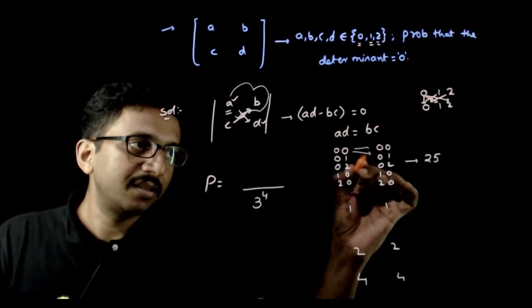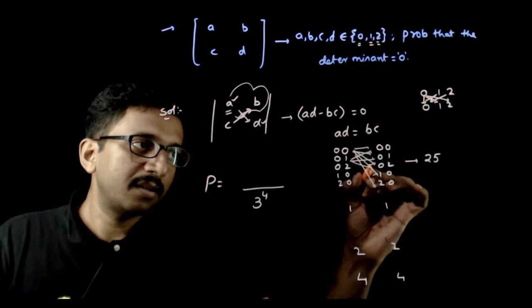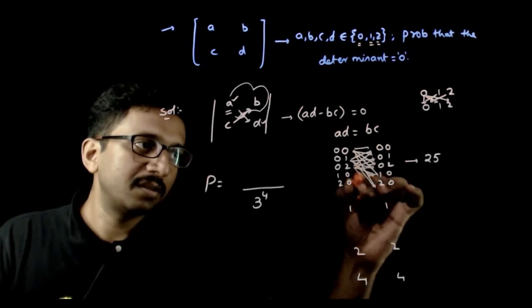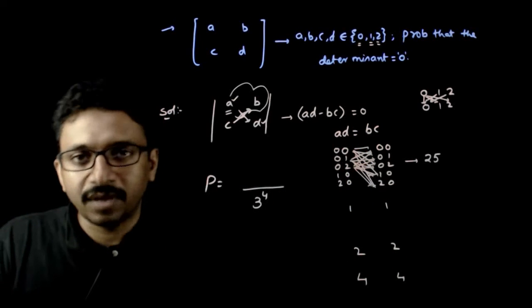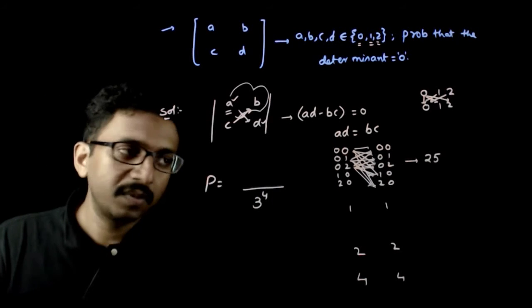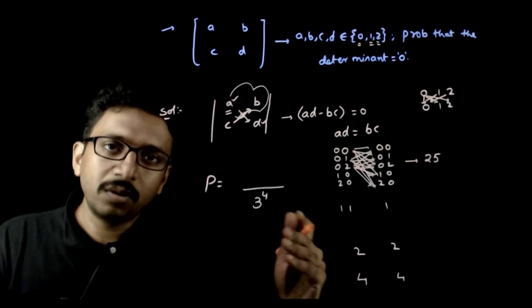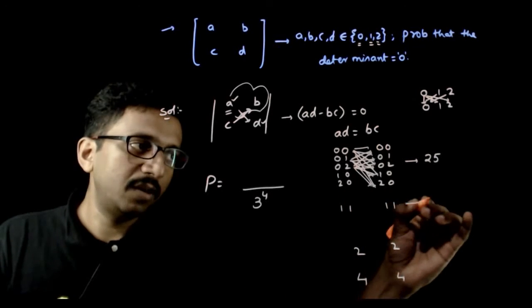You can choose 5 options for one pair and 5 options for the other, giving 25 options in total. Now if AD is equal to 1, you have only one option: A has to be equal to 1 and D has to be equal to 1, B has to be equal to 1 and C has to be equal to 1.